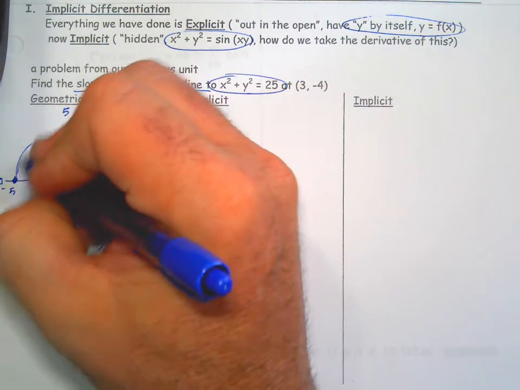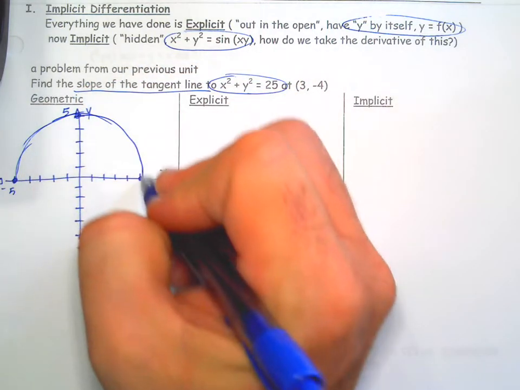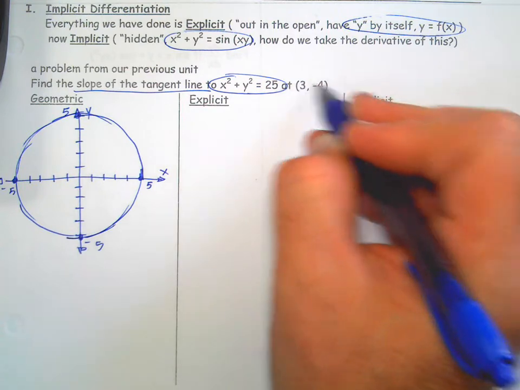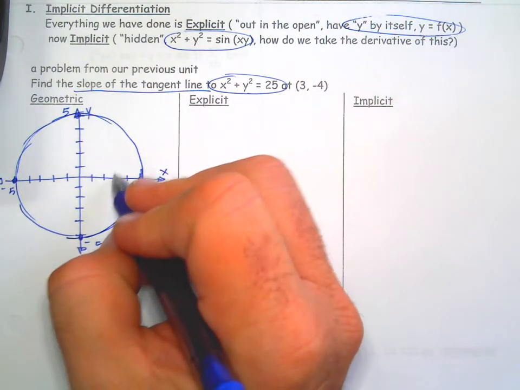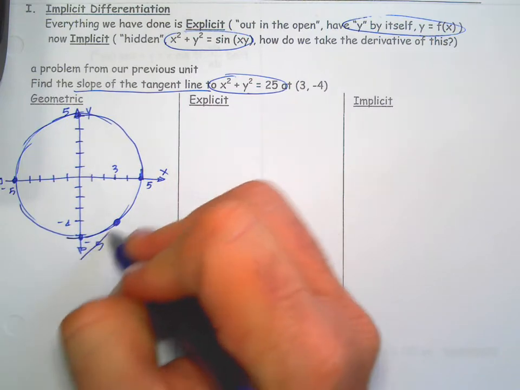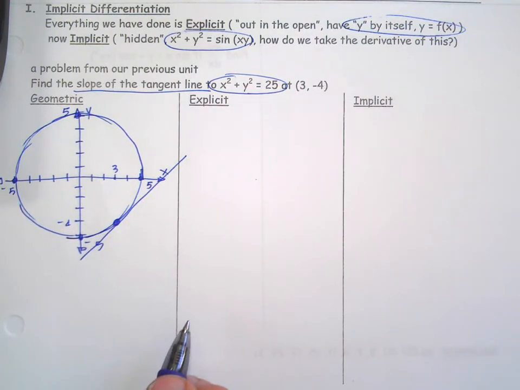Okay, we would draw the picture, we would draw the circle. And then we'd put the point on there. We'd say, okay, well, 3, -4, that's like right here. And we want the slope of the tangent line.